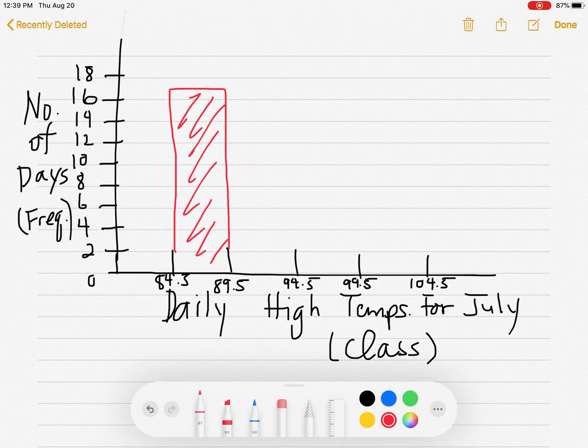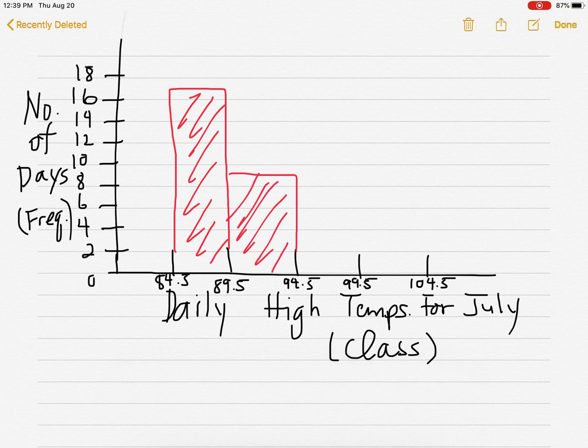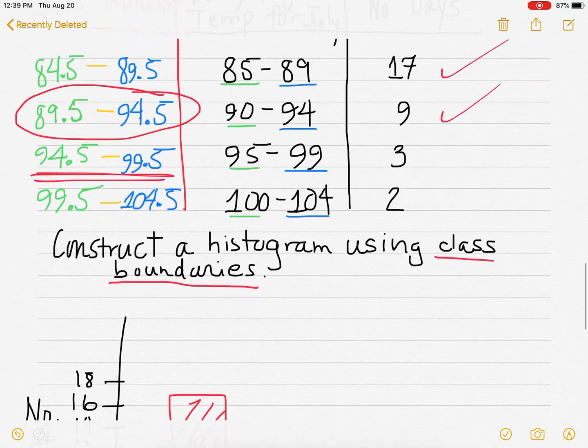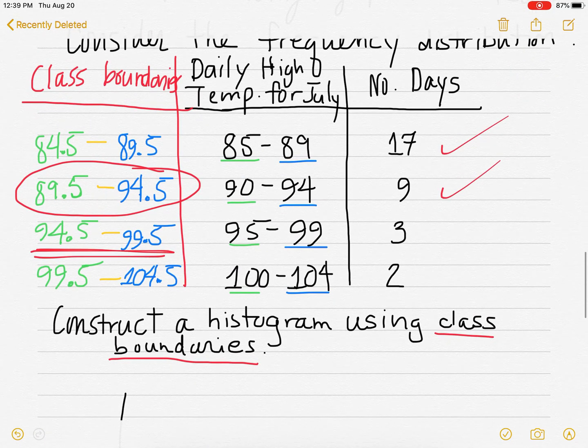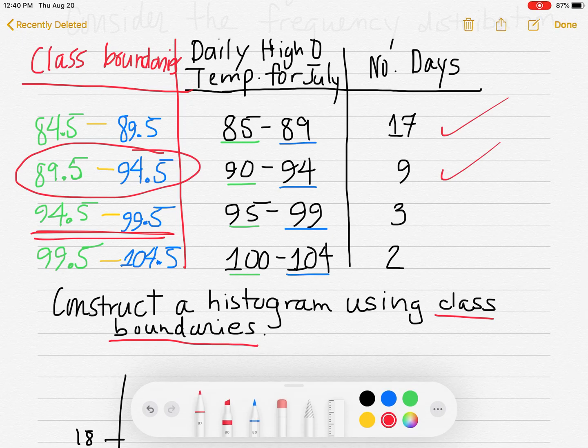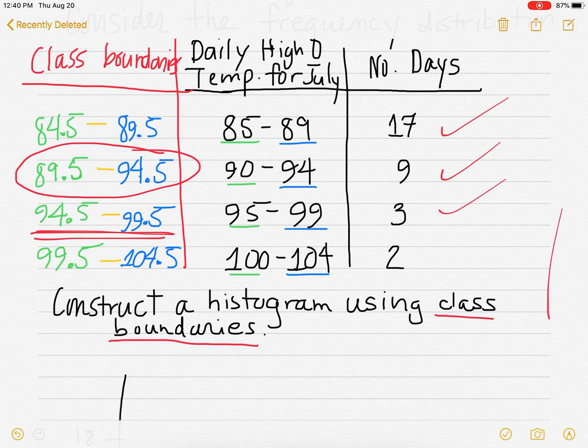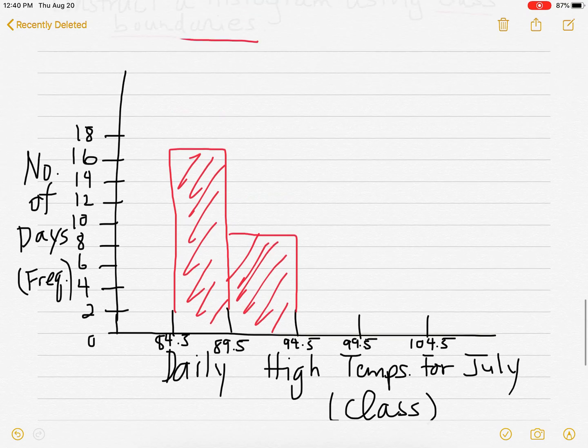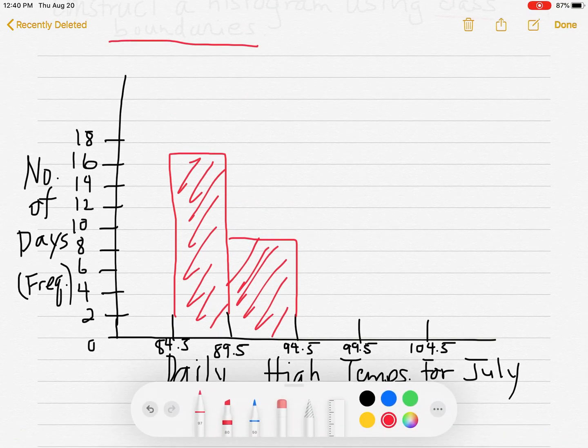Let me see if I can go up to 9 here. Halfway between 8 and 10, right? And then 94.5 to 99.5 is 3 days.